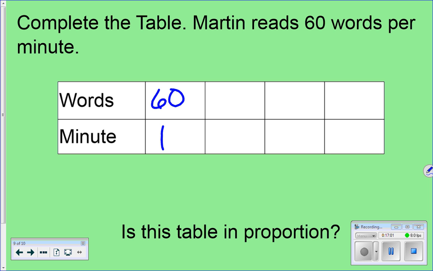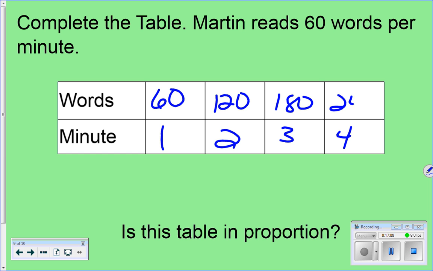Okay, so if I read 2 minutes, 120, 3, 4, holy cow. And then, ladies and gentlemen, it's going to ask you, is this table in proportion? And you have to justify using one of the 3 reasons why it's in proportion.